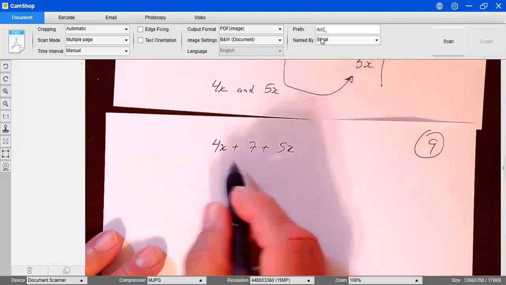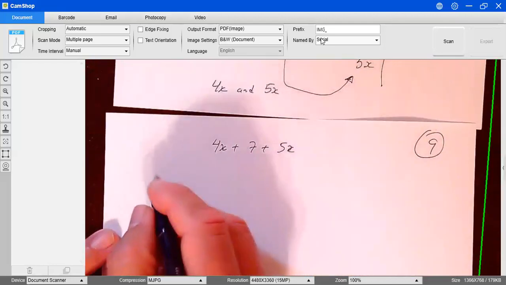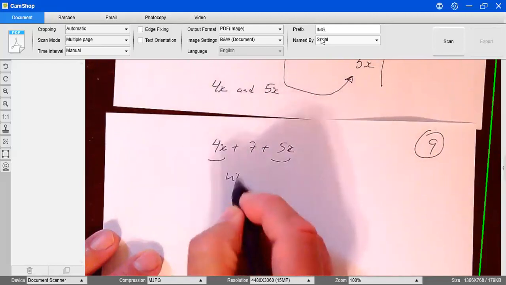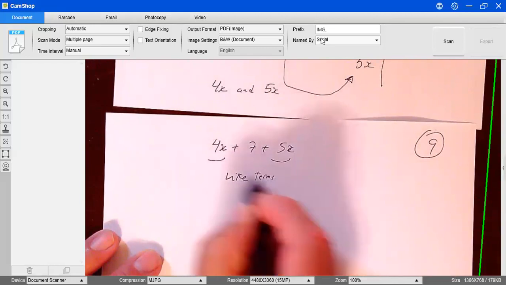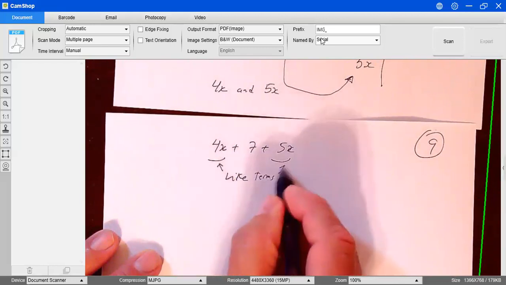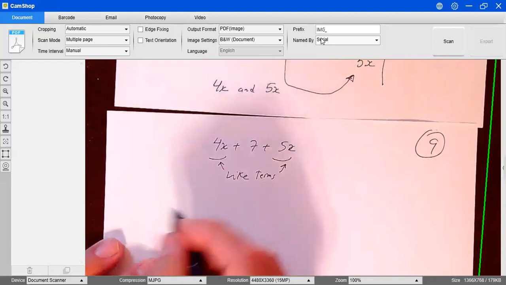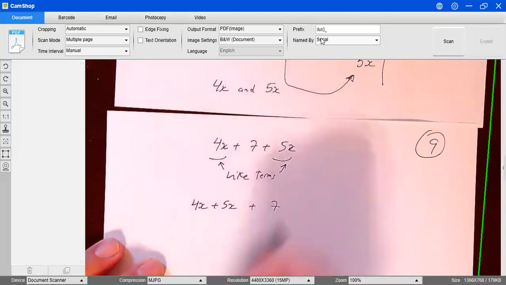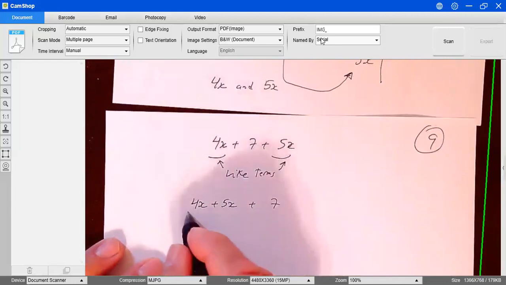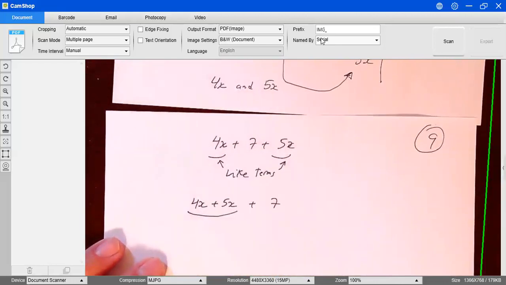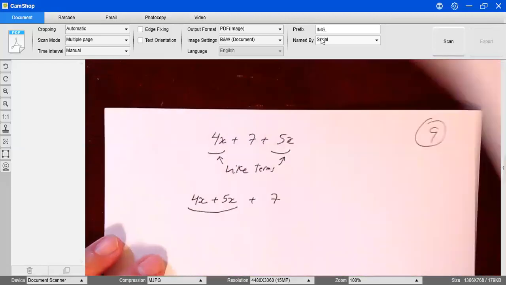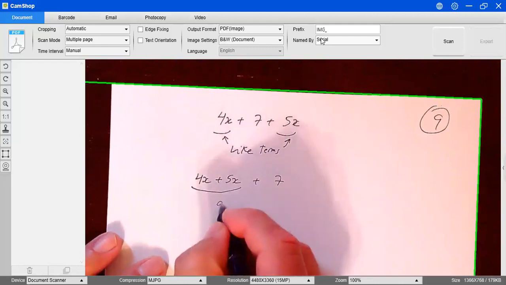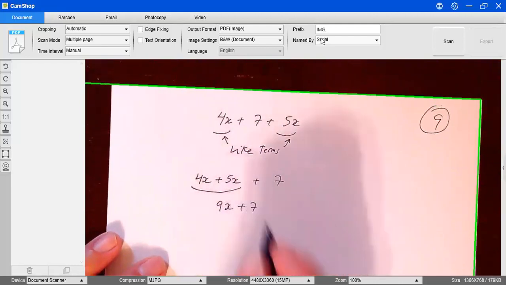So we learned that 4x and 5x are like terms, so we can combine these two. So we have 4x plus 5x plus 7. I'm writing these together because they are like terms, and I can combine them. So what is 4x and 5x? That is 9x plus 7.